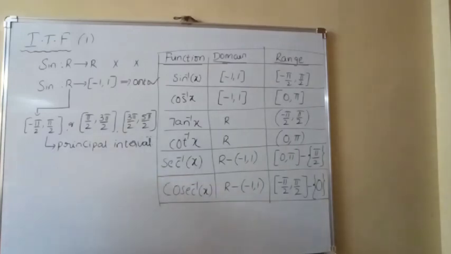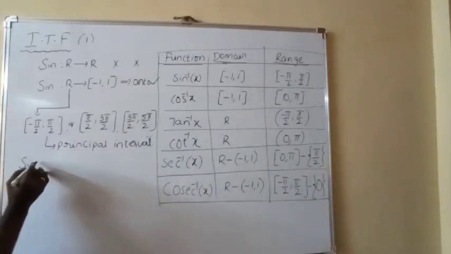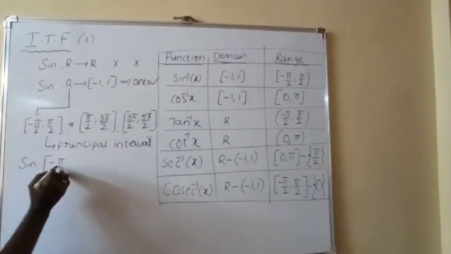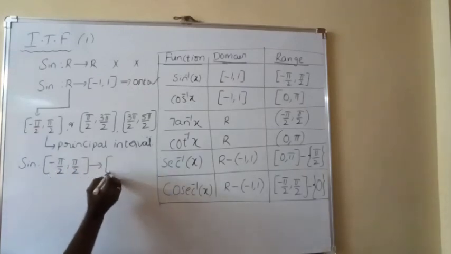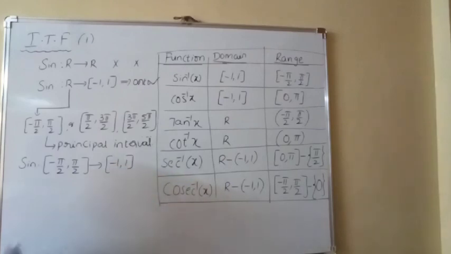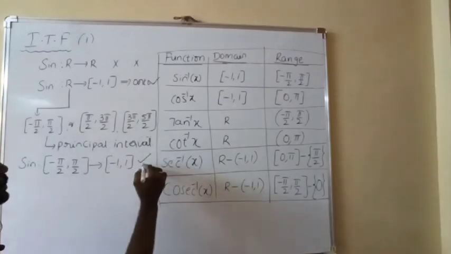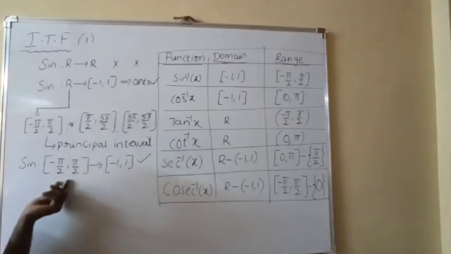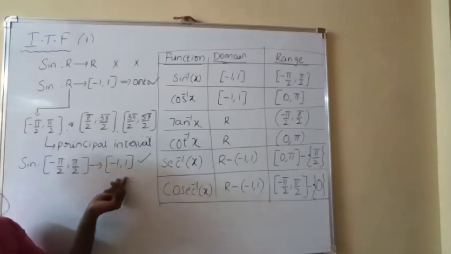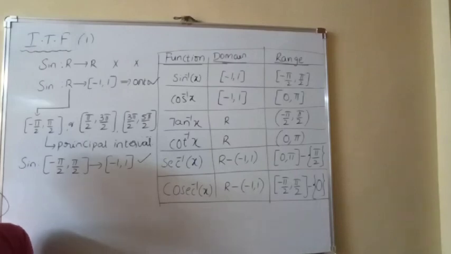Okay. So the sine function mapping from the closed interval minus pi by 2 comma pi by 2 to the closed interval minus 1 comma 1 is both 1-1 and onto, hence it is bijective. So the sine function mapping from this interval to this interval is both 1-1 and onto, hence it is an invertible function.